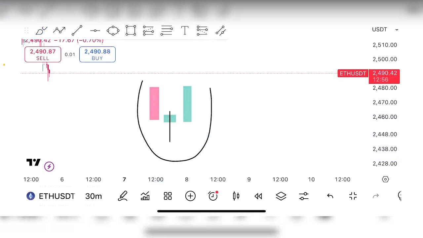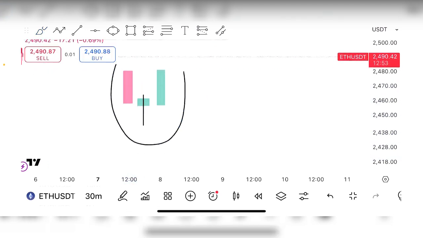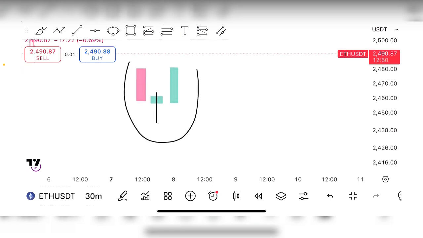So I will show you how it looks like on the live chart. This is the morning star confirmation.